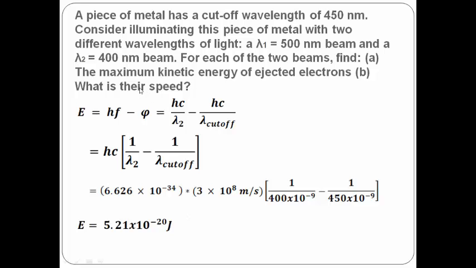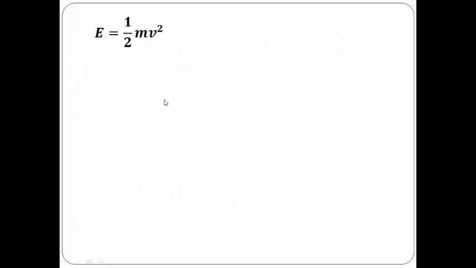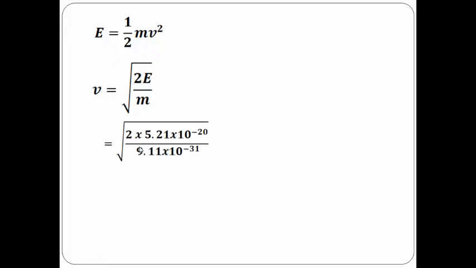Now for the second part, for finding the speed, we know the rule for kinetic energy is half mv square. So rearranging this, we get v is the square root of 2E by m. So put the values. m is the mass of an electron, 9.11 times 10 to the power negative 31. Simplifying this, we get 3.58 times 10 to the power 5 meter per second.